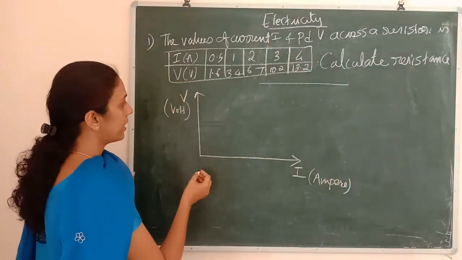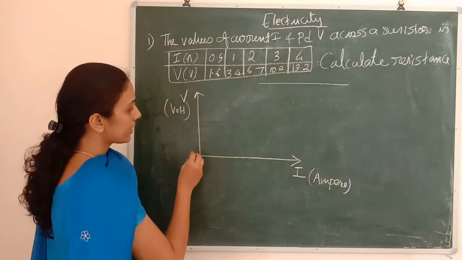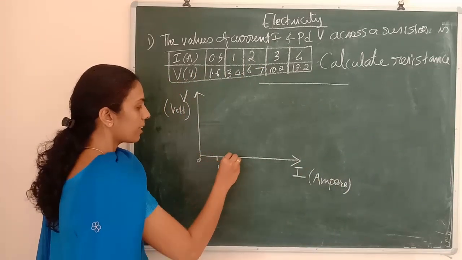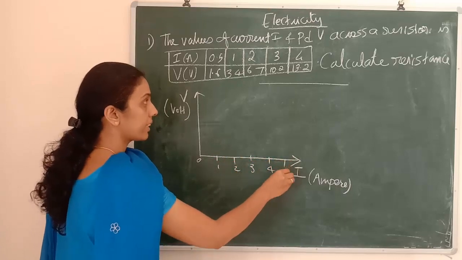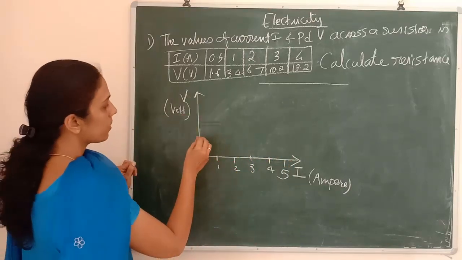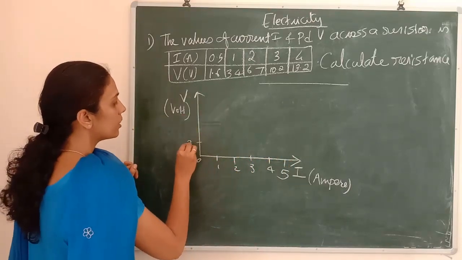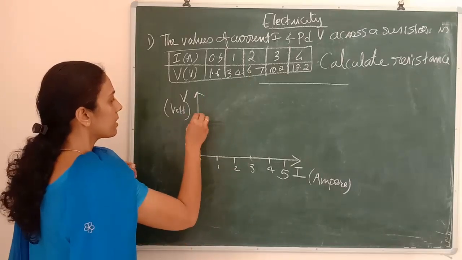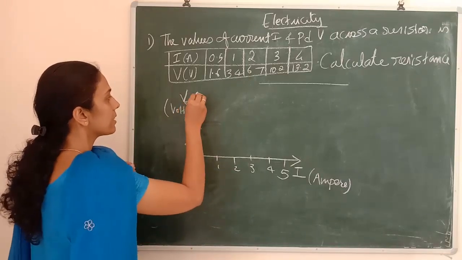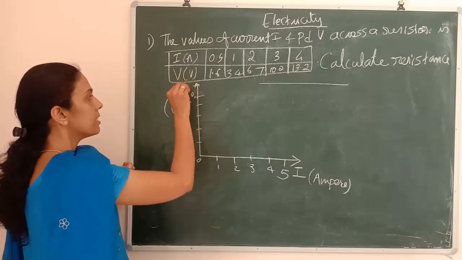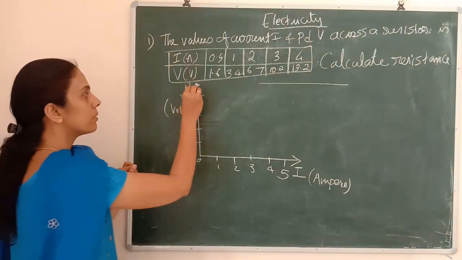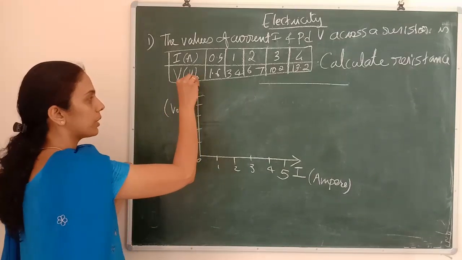Then for current we can give 1, 2, 3, 4, 5, like that. Here also we can give 2, 4, 6, 8, 10, then 12, next 14.